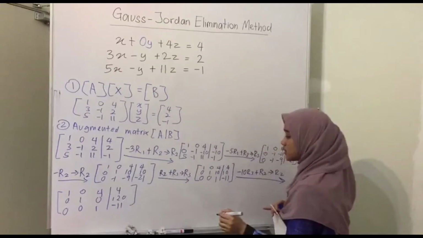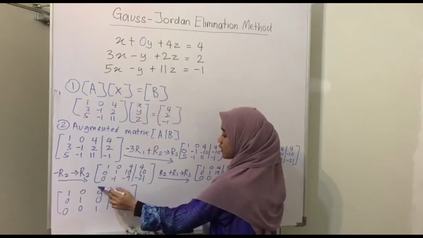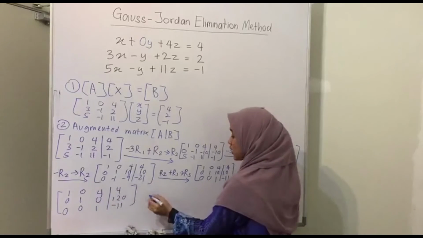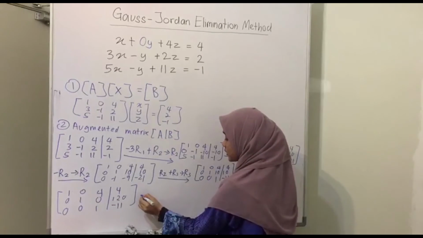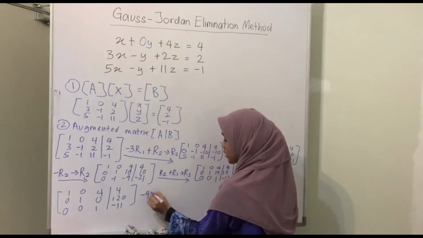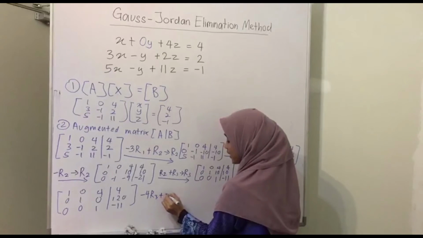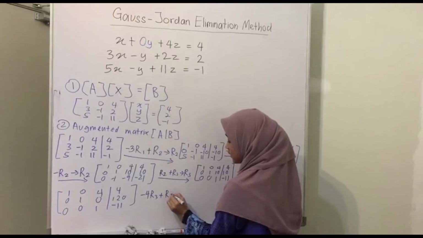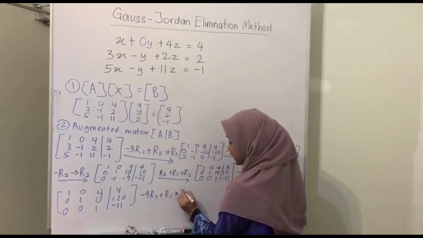Alright, and we have 4 here, so it must be 0, and we do the third operation, which is negative 4 R3 plus R1, it will be row 1.